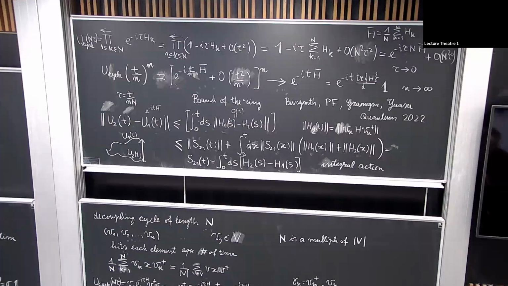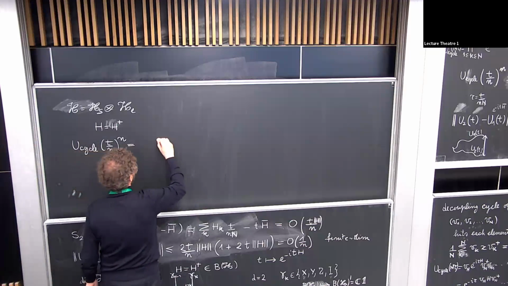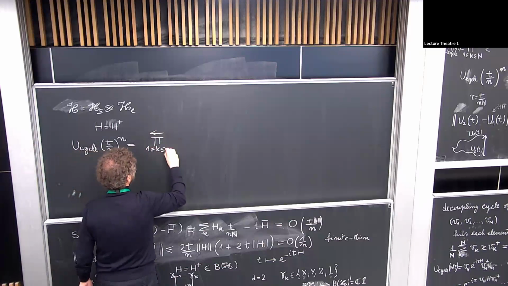I want to look at e to the power n, and this is nothing but the product over k between 1 and n.